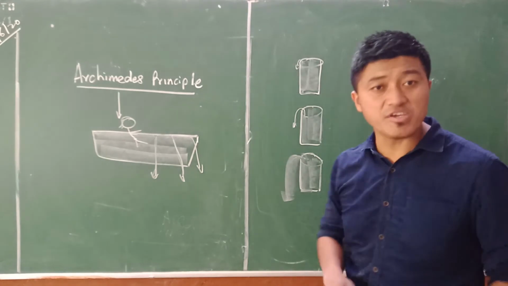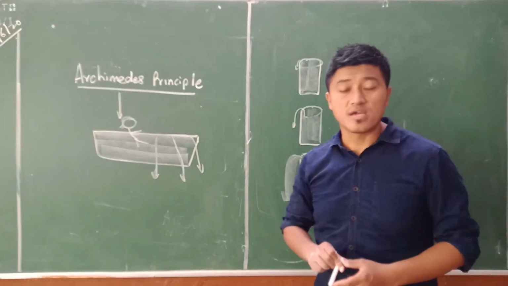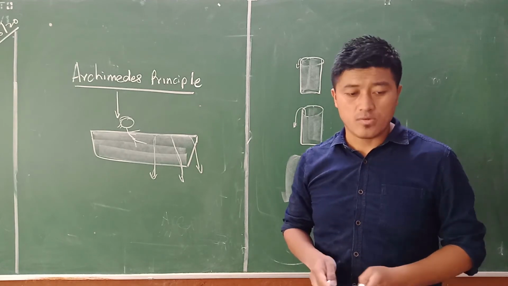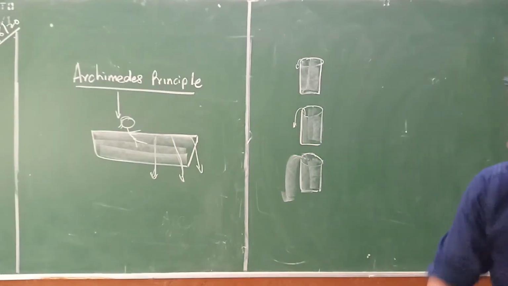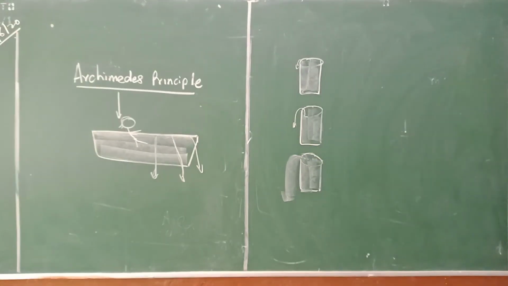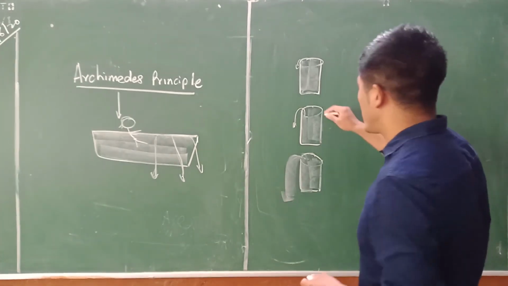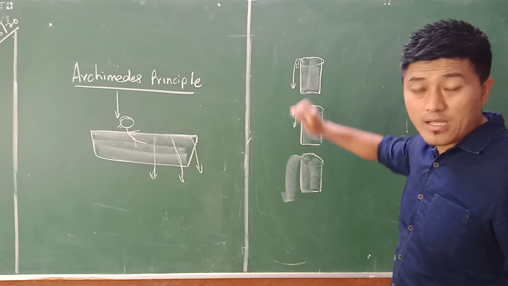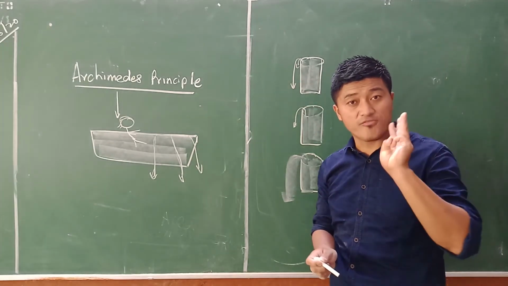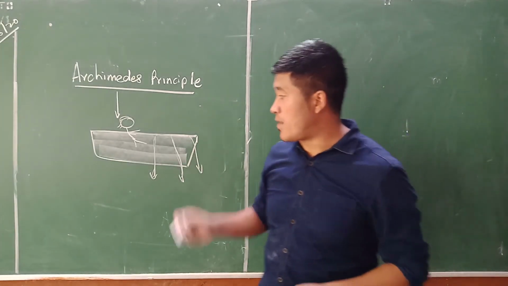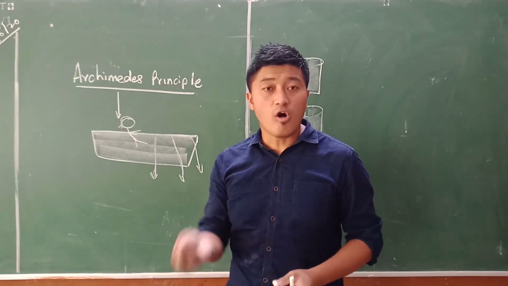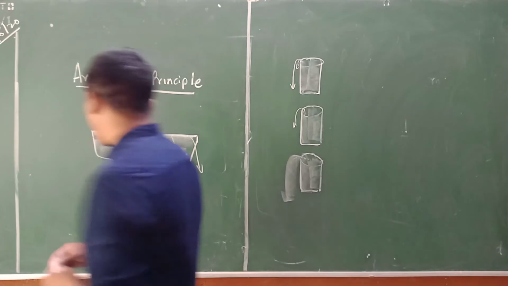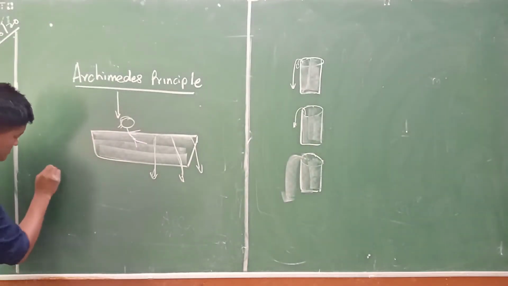Through this observation, Archimedes made a conclusion which we are going to learn. There are three situations which are important for you to understand.